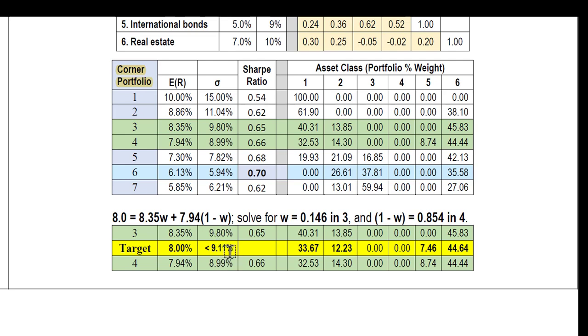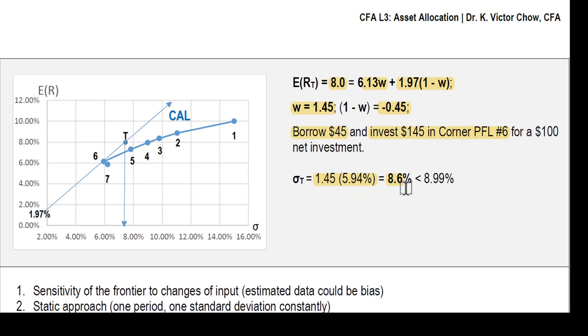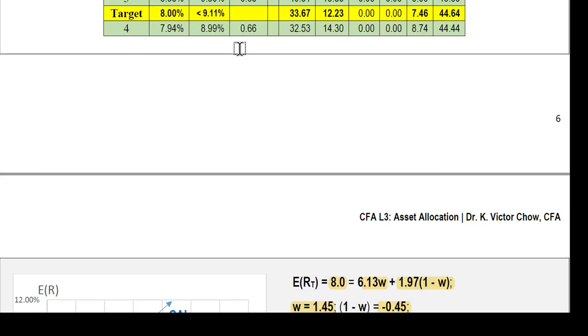In fact, we can reach 8.6, which is even lower than 8.99, the standard deviation of corner portfolio number 4. Even lower than that.